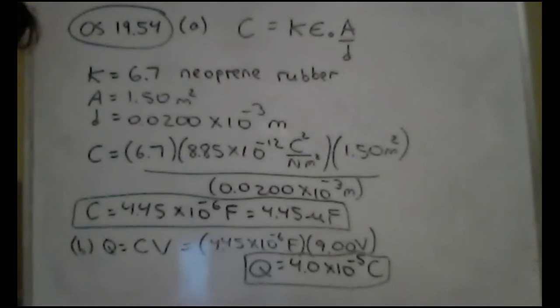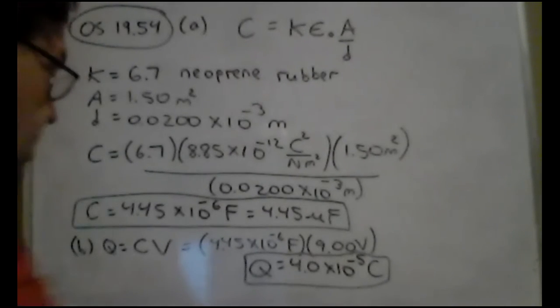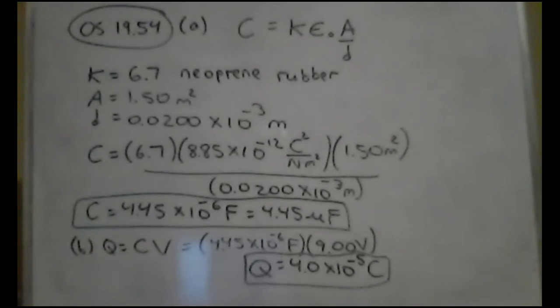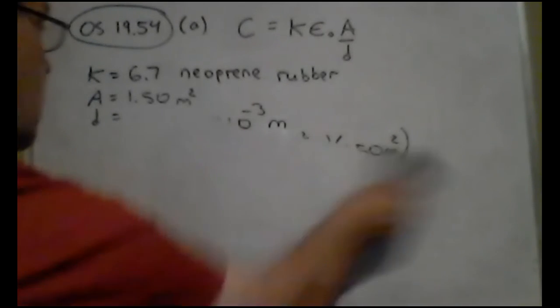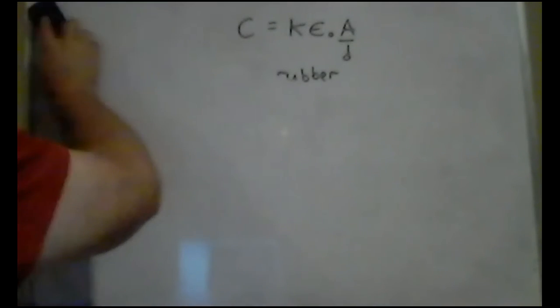All right. So as I said earlier, the capacitor is one of the 3 circuit elements we will study in this class. We'll study the capacitor, the resistor, and the inductor. So when we use the capacitor, we want to put it into a circuit.